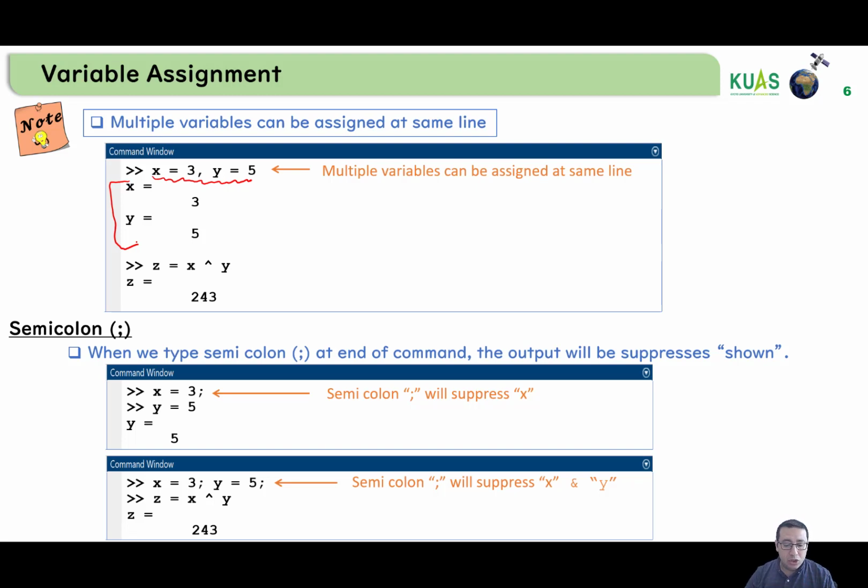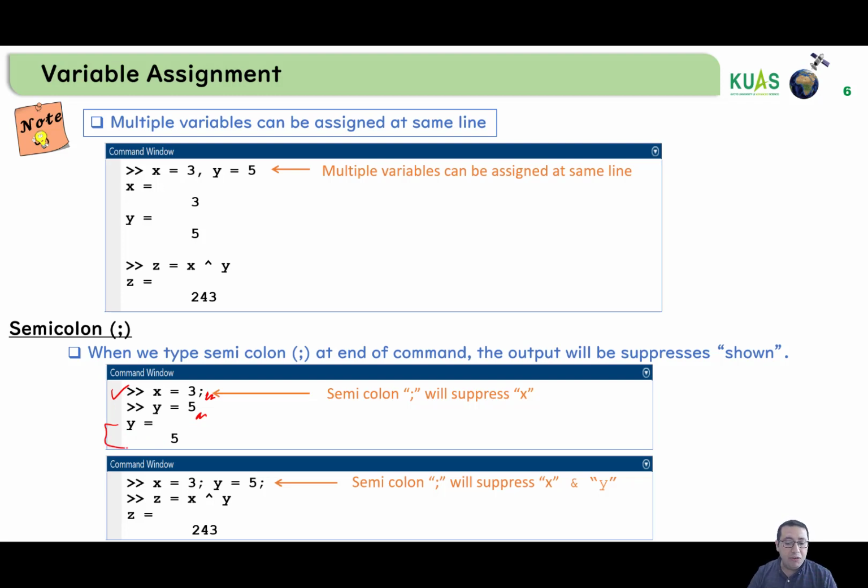So we need to use a semicolon. So please check here. If we say x equals 3, after that we put a semicolon. So MATLAB doesn't repeat for us this operation. It doesn't say x equals 3. For example, if you write y equals 5 without a semicolon, MATLAB replies for us y equals 5.